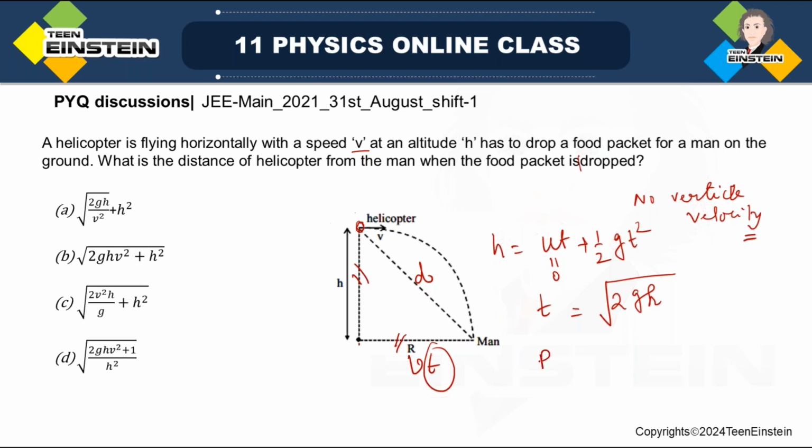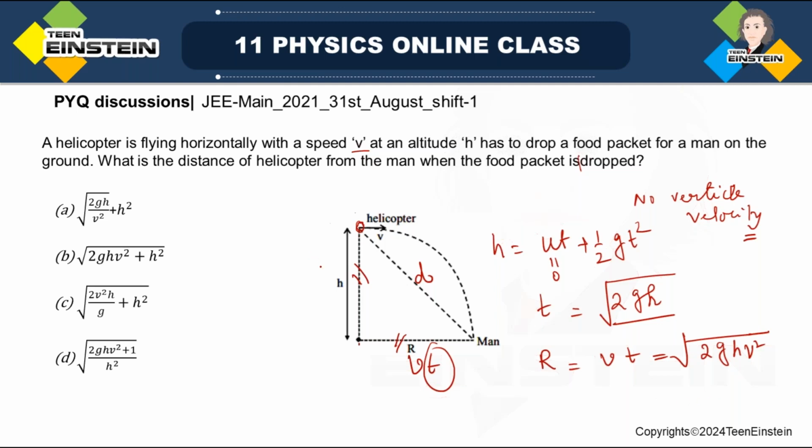Then what will be the r? R will be v into this time. So I can write, see, this t is this one. So I'll just keep everything inside the square root. Square root of 2h by g and v square. Okay, this is actually the range.